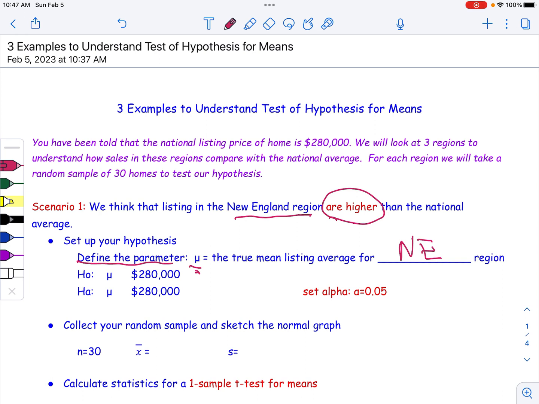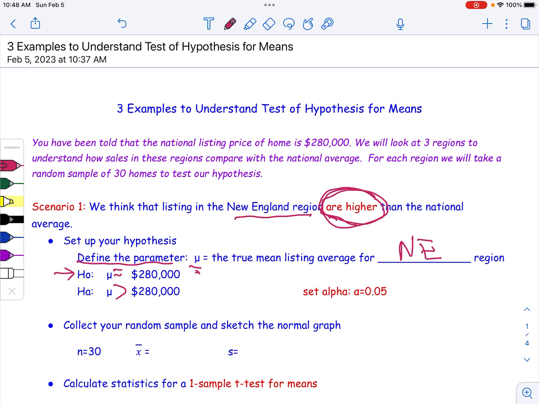Our null hypothesis is that we believe that the true population mean for the U.S. is 280,000. So we set that equals. Our alternative hypothesis is that we believe that New England is higher than 280,000.